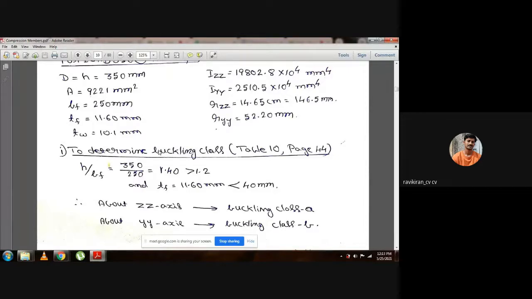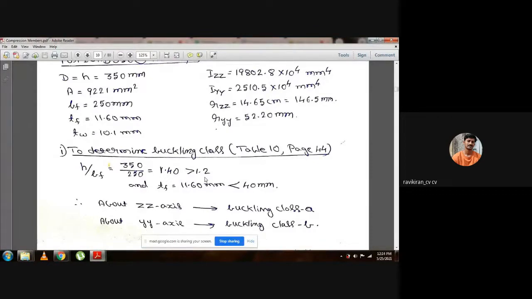Let us check in which row it belongs. Height is given as 350 millimeter. Breadth of the flange is given as 250 millimeter. If you divide, we get 1.4. So 1.4 is greater than 1.2, right? h by b_f is greater than 1.2. That means it is coming in the first row itself.